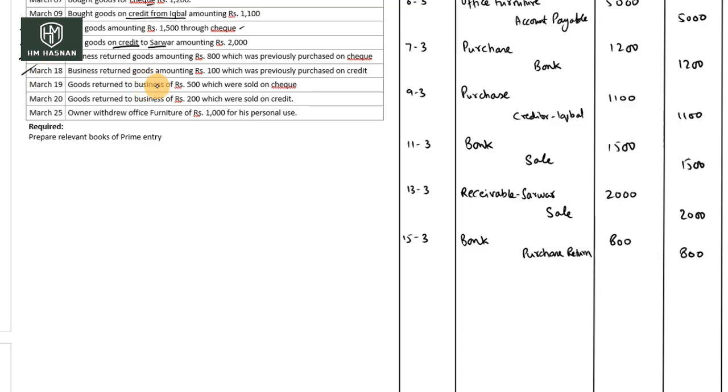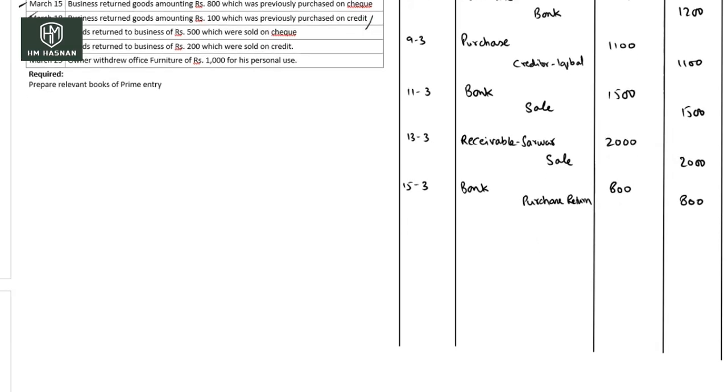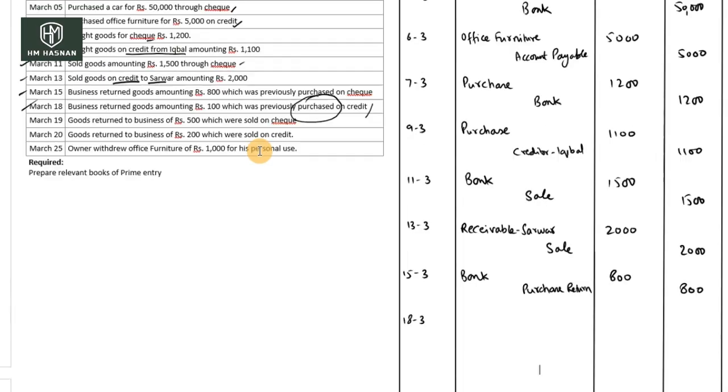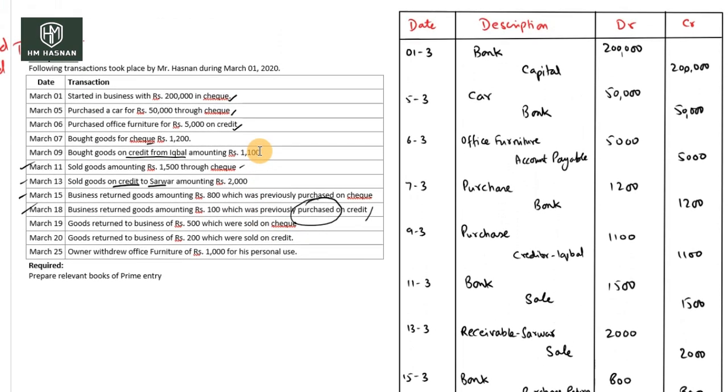The 18 March business returned goods amounting rupees 100 which was previously purchased on credit. So the next entry will be 18 March. We know to whom we purchased the goods. So in the previous transaction we purchased from which person?